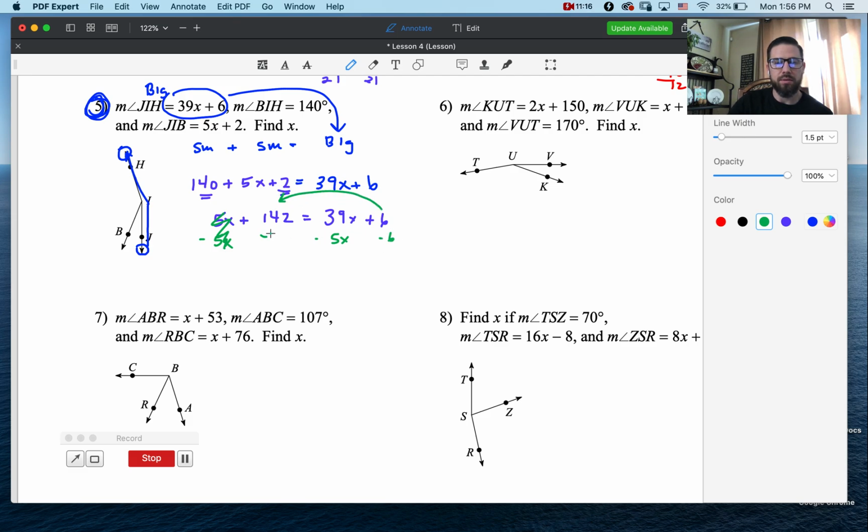Okay, so let's subtract 6, gone. And I think that leaves us with 142 minus 6, I think is 136 equals, what is this going to be? 39x minus 5x? Is that 34x? And I think we divide 34, and I think we get x equals 4.